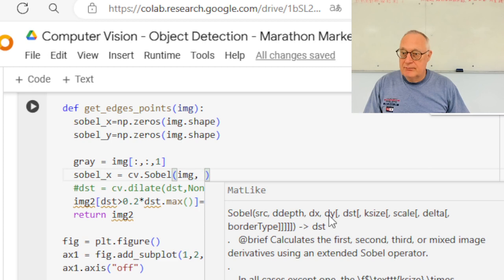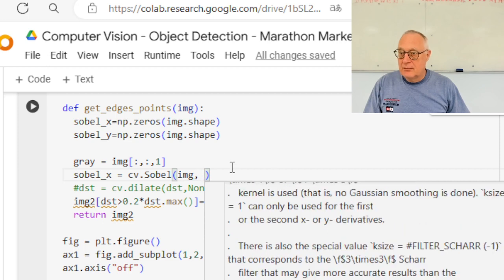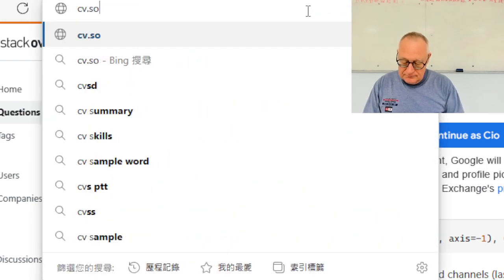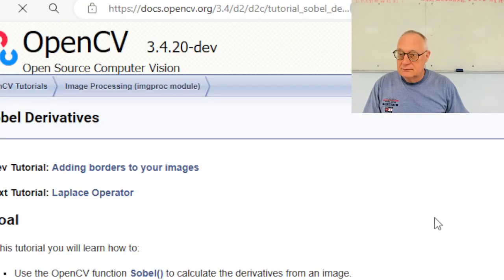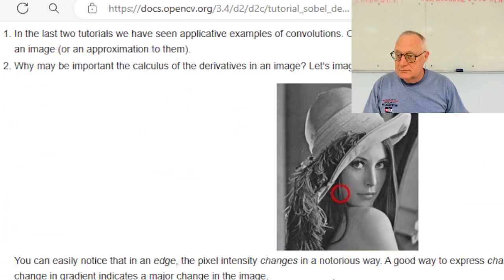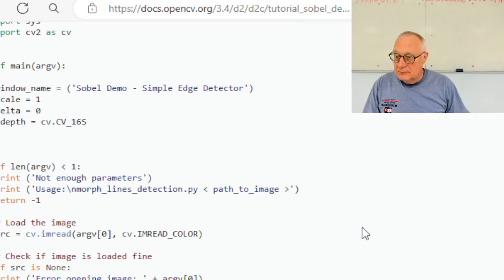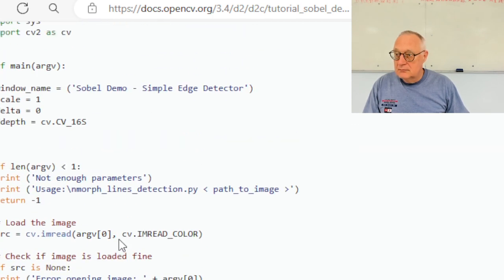Dx, dy. So I'm not sure what the depth is. Oh, the size of this.